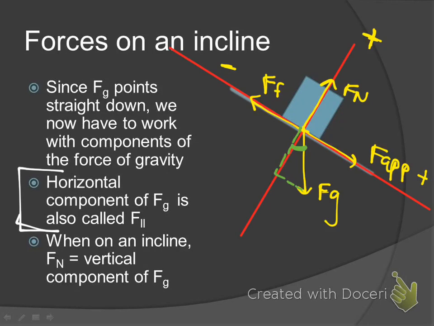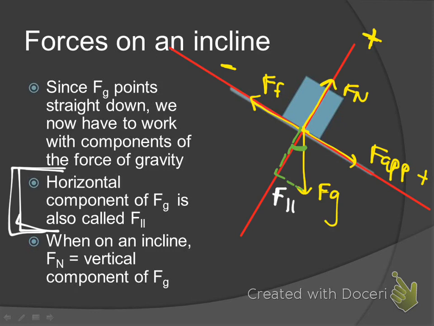The reason that the horizontal component is called force parallel, this is parallel, not an 11, that means parallel, is because it runs parallel to the x-axis. Here's our x-axis right here. This parallel force, the gravitational x component, runs parallel to the x-axis, so we call it force parallel.